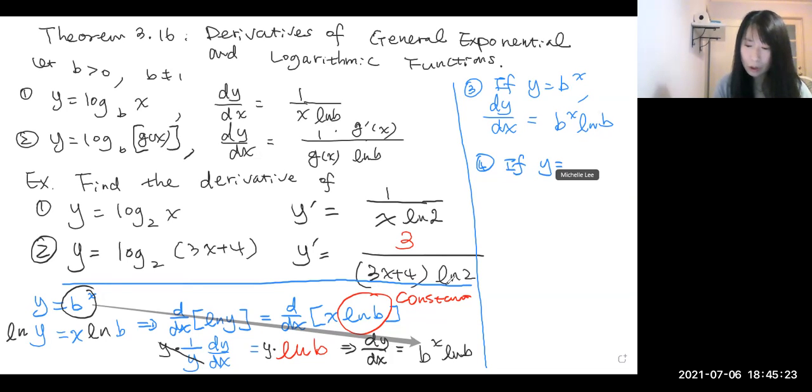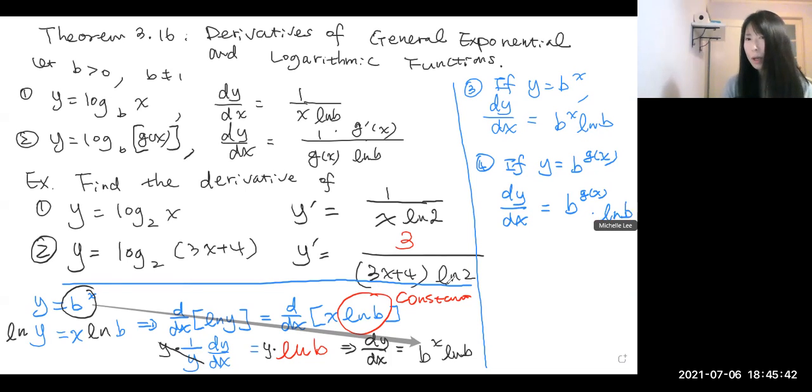So if we have b to the g of x, then we're going to use the chain rule. So this will be equal to b to the g of x, we just rewrite, and then ln b, the base b. So ln b means base b, so always we have a number there, right? We're just using the variable for general things. Make sense?